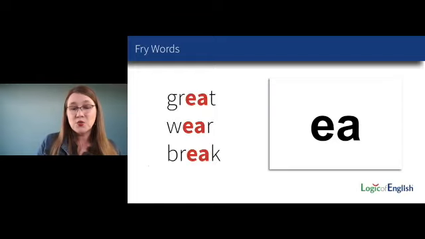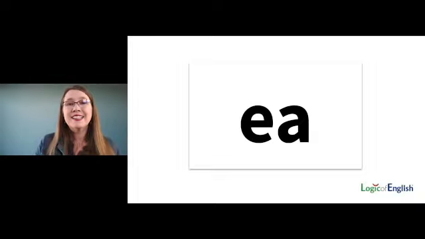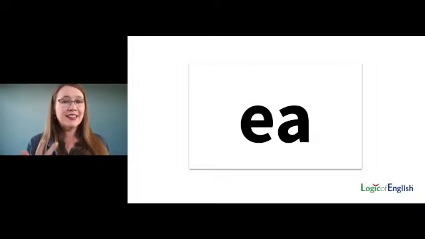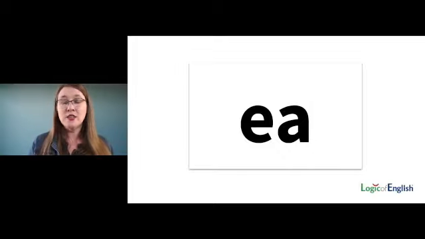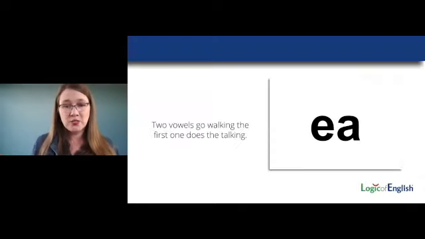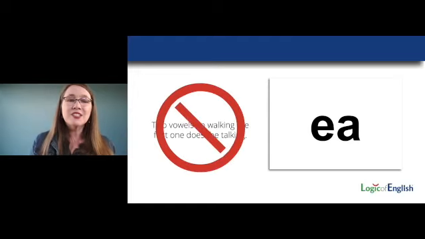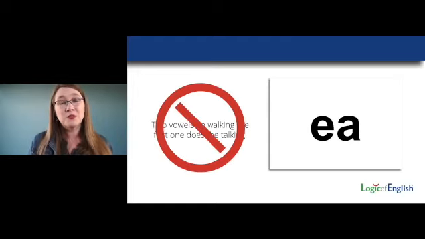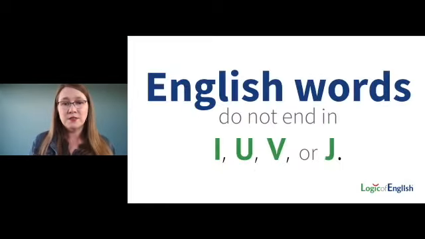What is it saying in great, wear, and break? It's saying A. This says E-A. Let's say that together. E-A. Once again, let's teach all the sounds to the phonograms right from the beginning. Doing so will eliminate unnecessary exceptions. And let's not teach rules that don't reflect how English really works.